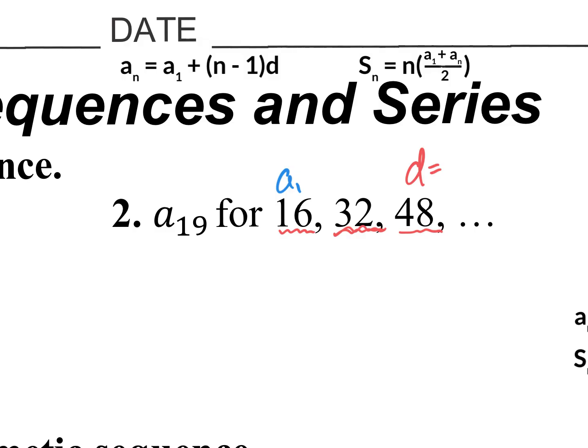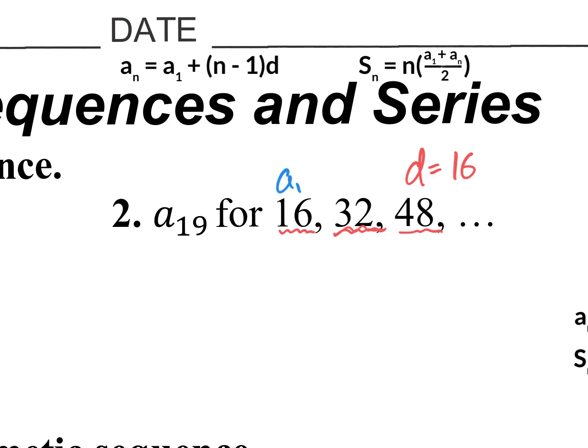So if you do that, 48 take away 32, or 32 take away 16, you will get that common difference of 16. Again, you don't just want to think, oh, what's the difference between 16 and 32? You want to take 32 and then subtract 16 from it. So 32 take away 16, use a calculator if you need to. You get the common difference, d, being positive 16.